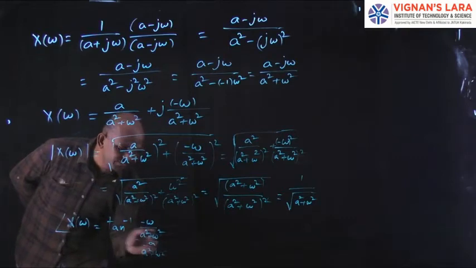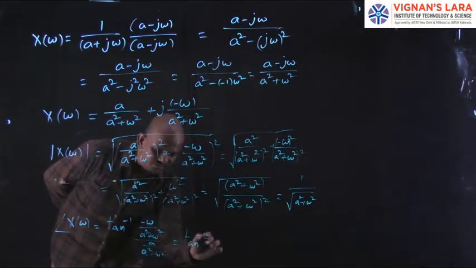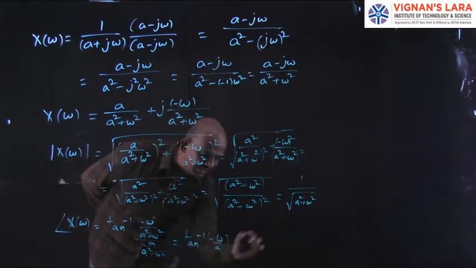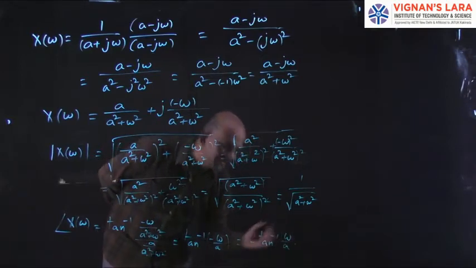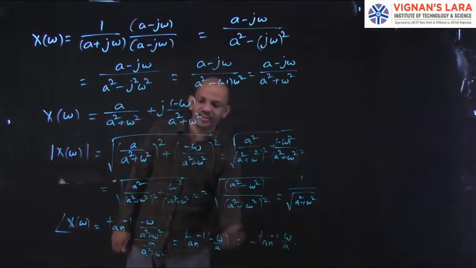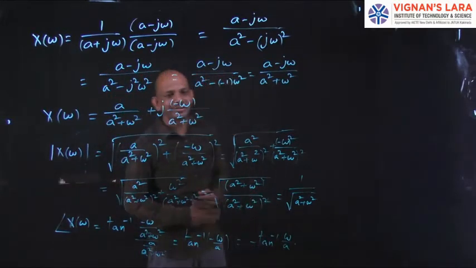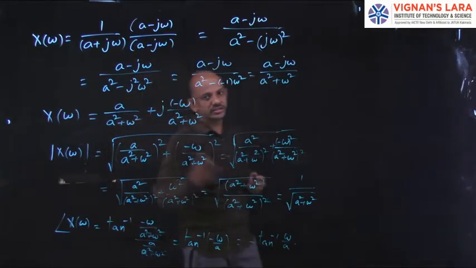So a square plus omega square both will get cancelled. That will be equal to tan inverse of minus omega by a, or simply you can write minus tan inverse of omega by a. So this is the phase and this is the magnitude. Now using these two I can draw the magnitude spectrum as well as phase spectrum of the signal.